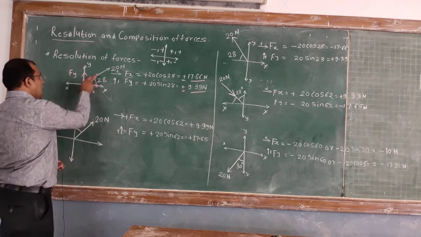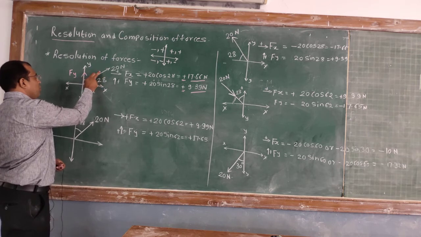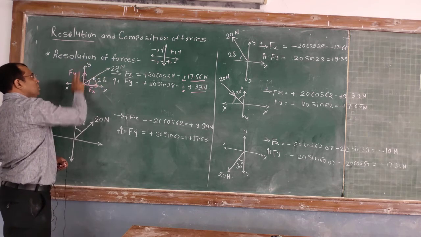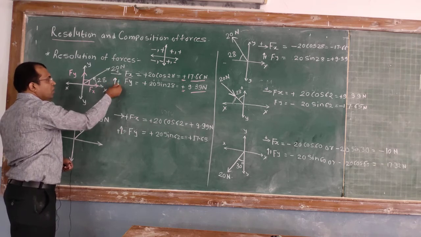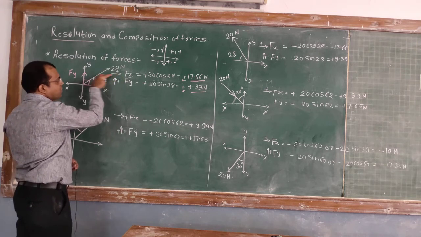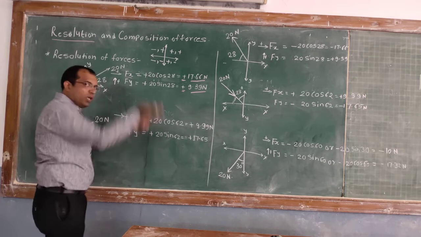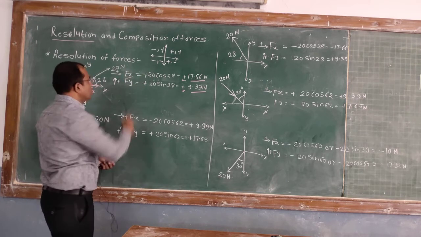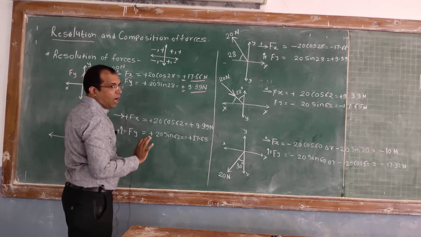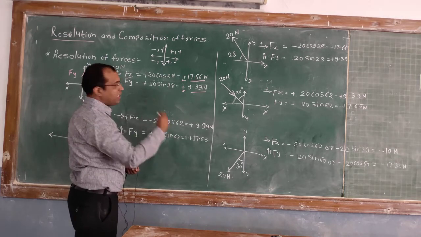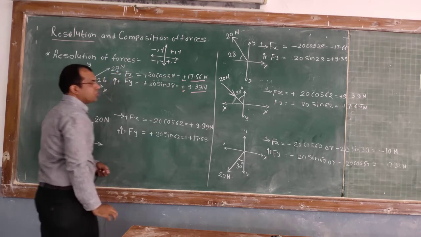Then the other component of this 20 Newton force is going towards the positive y direction. Positive y direction is always upward. So here I have written the sign convention: towards right is positive, towards up is positive. According to this sign convention, both are coming towards the right side and upward side. Therefore these two are positive.